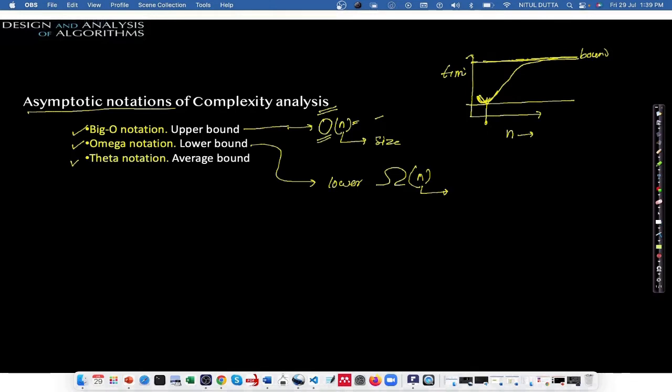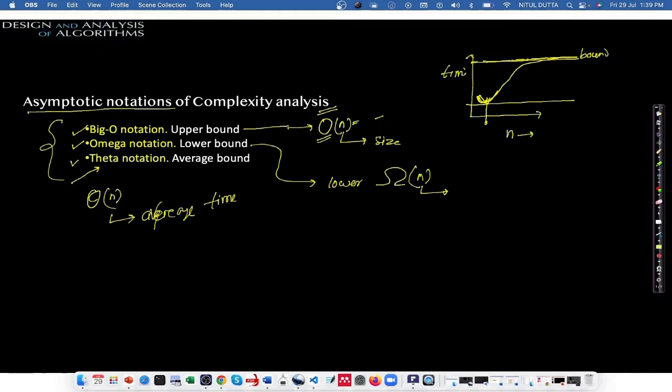And finally, the theta notation is represented as theta of n. It provides an idea of how much average time is required to complete the algorithm. So these are the three notations used in analyzing the time complexity of any algorithm.